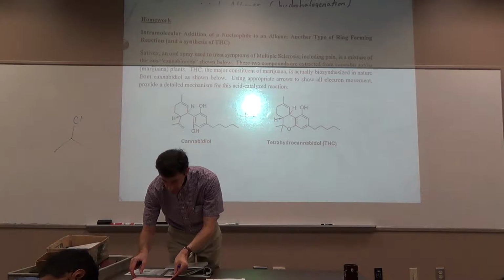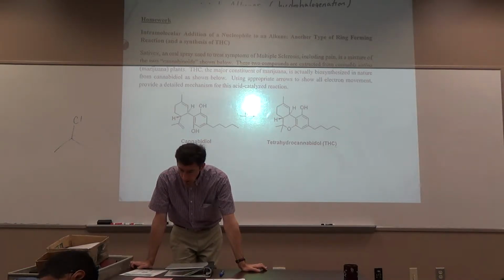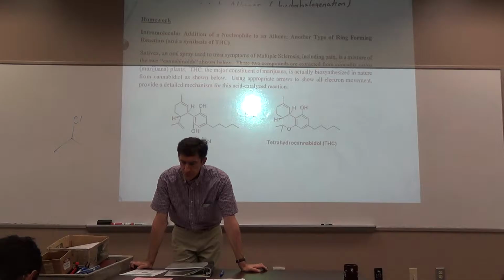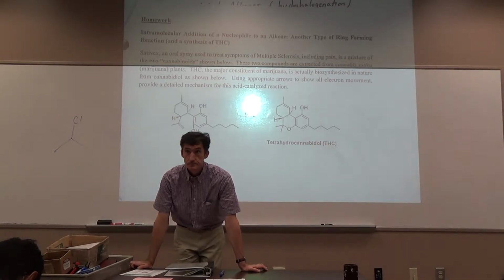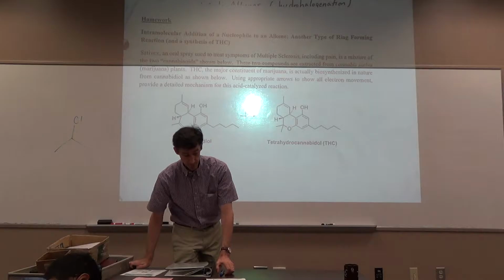Next on the pink sheet, it's a new letter. A was electrophilic additions involving a carbocation intermediate. B is going to be reactions without a carbocation intermediate.